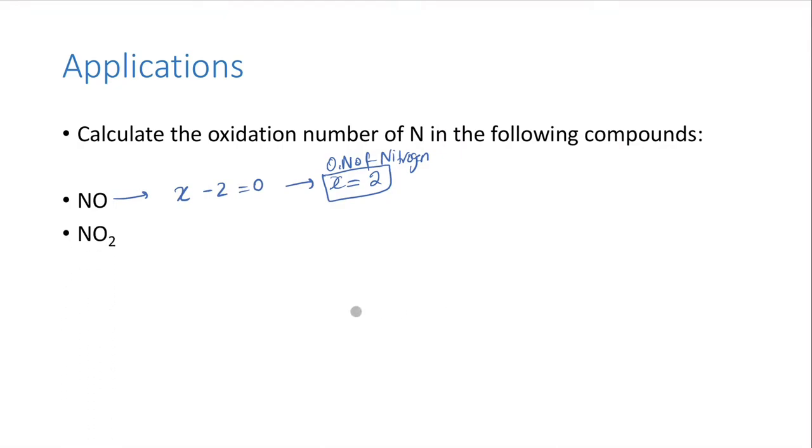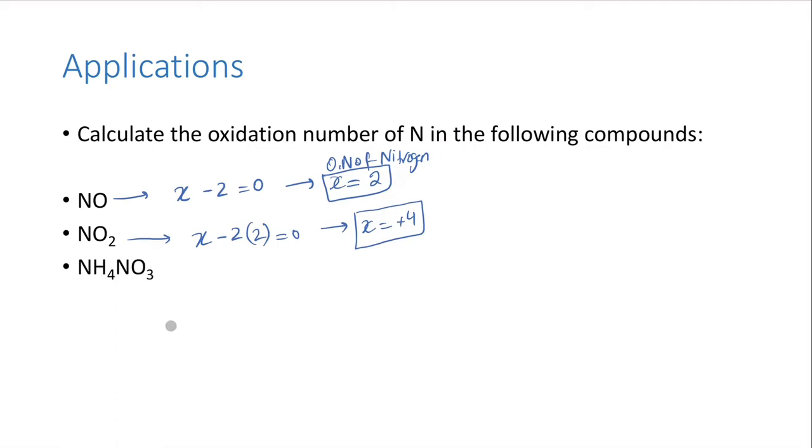The other example is NO2, nitrogen dioxide. Here we have X minus 2, the oxidation number of oxygen, multiplied by 2 because I have 2 oxygens, equal to 0. Then the oxidation number of nitrogen, X, is equal to plus 4.